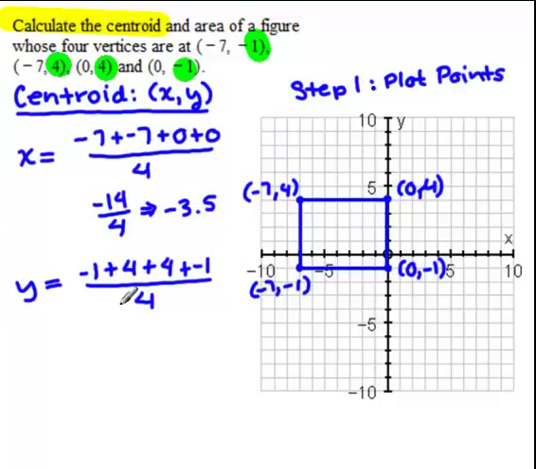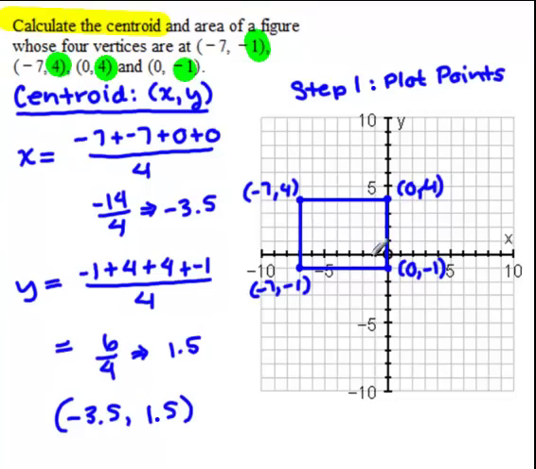We're going to divide that all by 4. -1 plus 4 is 3, plus 4 is 7, minus 1, or plus -1, is 6. So we'll take +6 divided by 4, and that gives you +1.5. And so that's the y value of our centroid. So our centroid is (-3.5, 1.5).